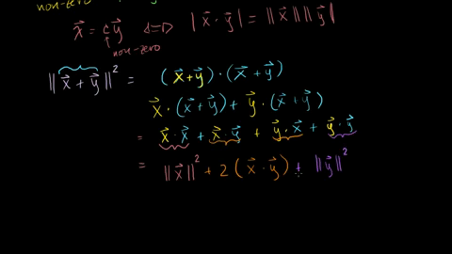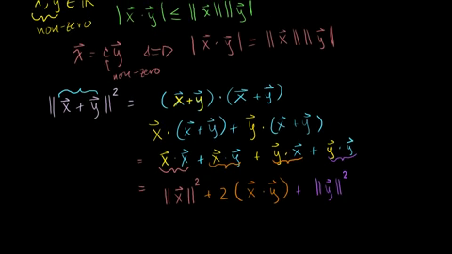Now, let's see if we can break out our Cauchy-Schwarz inequality. Or maybe Schwarz, I don't know if I'm pronouncing it right. But x dot y is going to be less than or equal to the absolute value of x dot y.